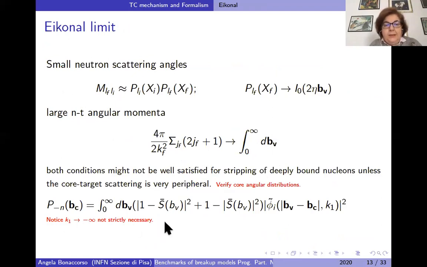Then finally the probability of knockout becomes this expression here, which many of you have seen already. It's the eikonal form of the knockout formalism, in which one has explicitly the Fourier transform of the initial state wave function, and the core target S matrix is calculated with an eikonal phase shift. Okay, so is it clear so far?